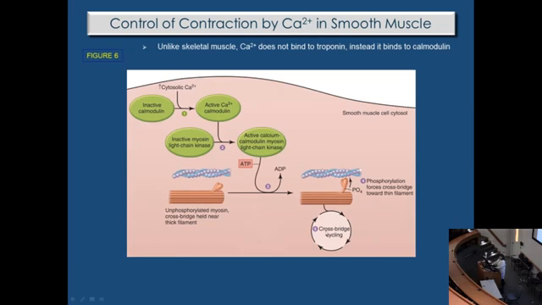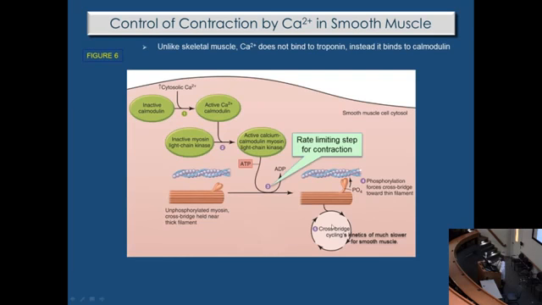So one of the differences is that the kinetics of this cycling is much slower in the smooth muscle cells. You have to think that usually the contraction for the striated muscles occurs in 1 second, let's say, but for a smooth muscle cell, the contraction could last several seconds. So the cross bridge cycling is slower.